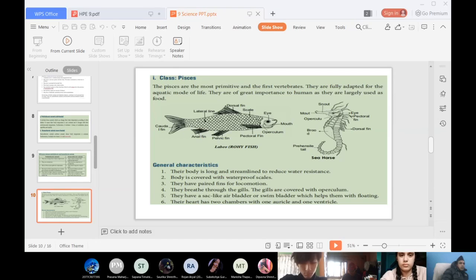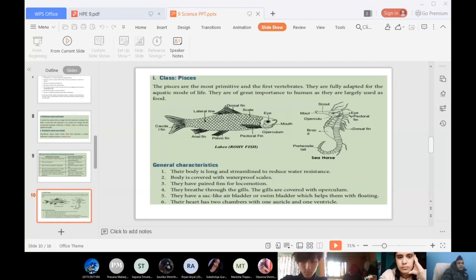Students, now characteristics of Amphibia. Number one, their body is divided into two parts, head and trunk. This part is head and the whole back portion is trunk.